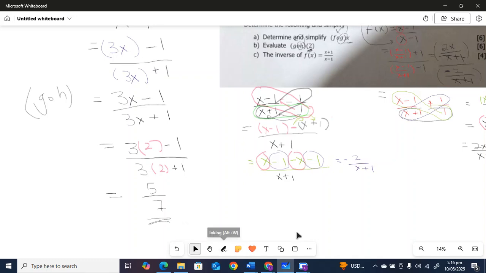Any questions, colleagues, before we go to part C, where we have to find the inverse of f of x plus 1?